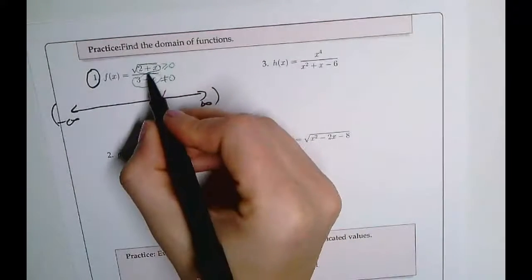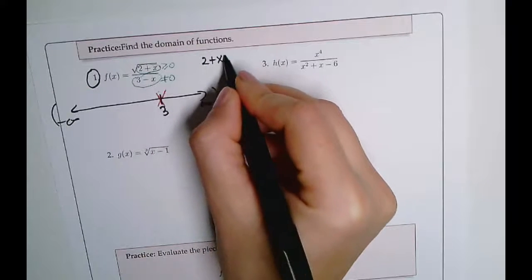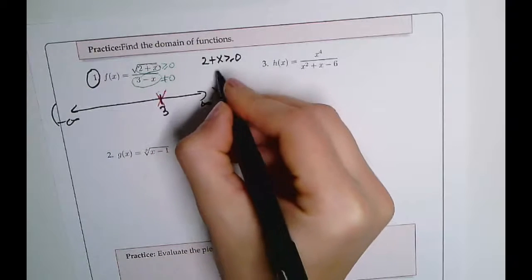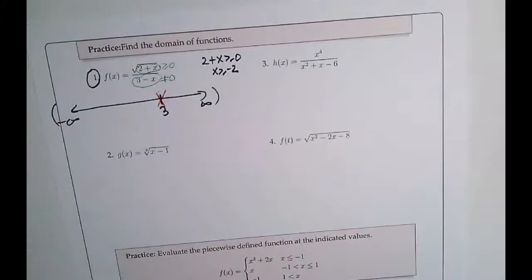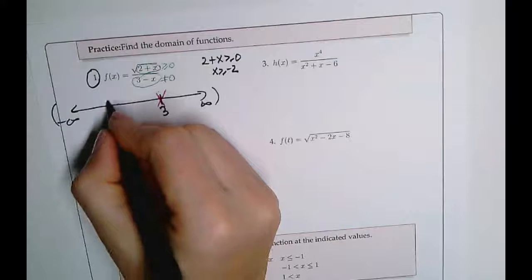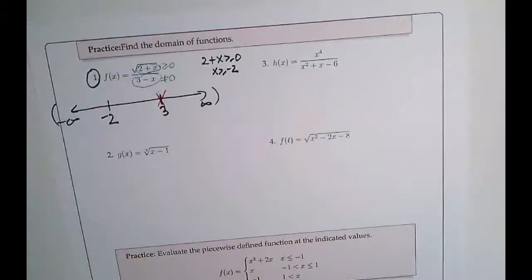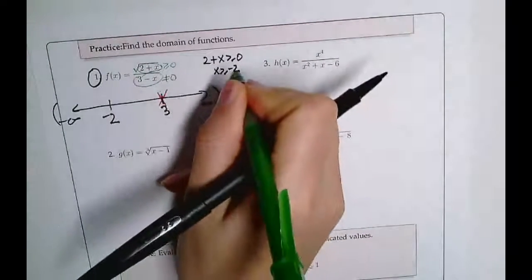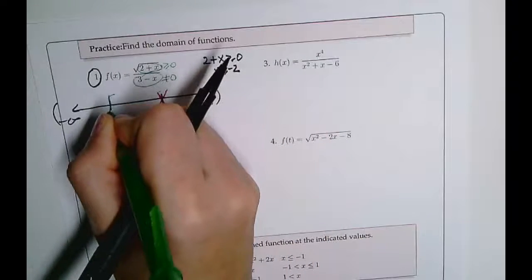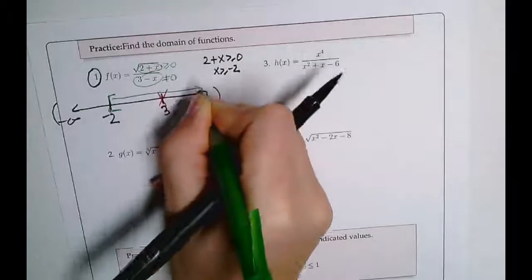And then from the fact that 2 plus x is greater than or equal to 0, if I subtract 2 from both sides, I get that x is greater than or equal to negative 2. And let's say negative 2 is here. It means it's going to have to be everything after negative 2, but it can include negative 2. So bracket at negative 2 and everything after.